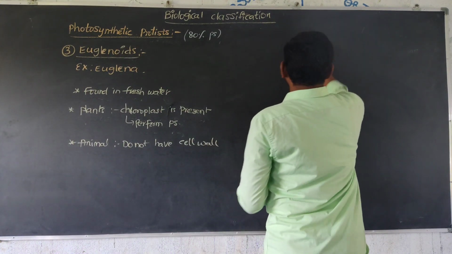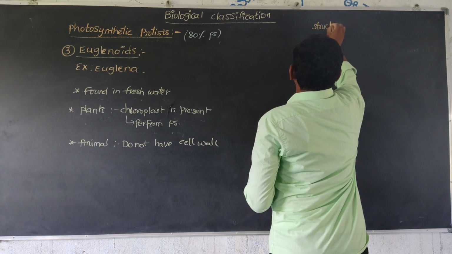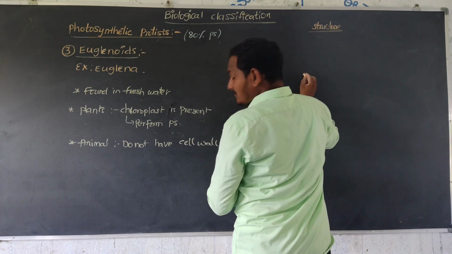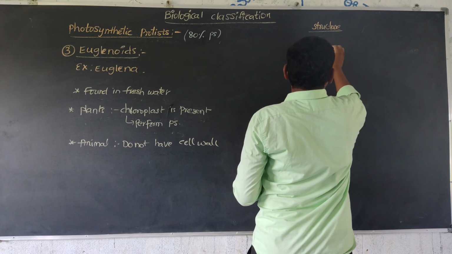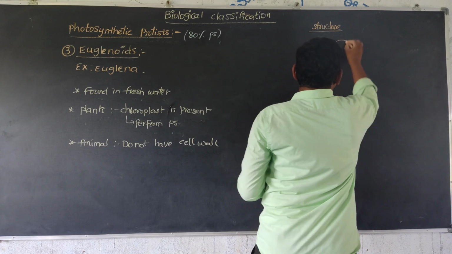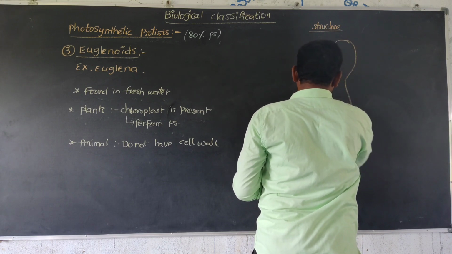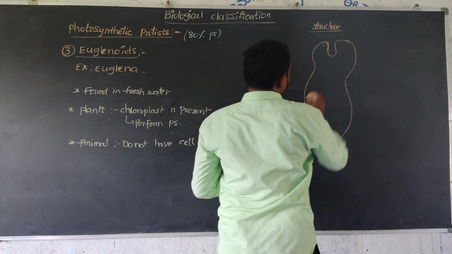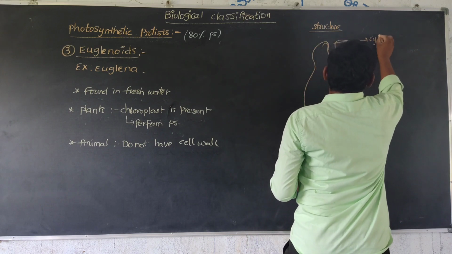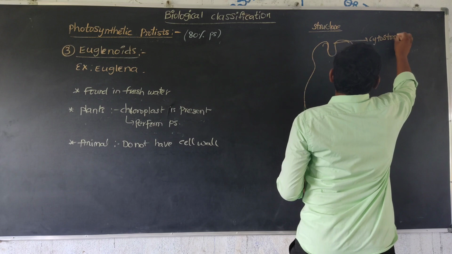When we come to the structure of Euglena, here we observe the cytostome.